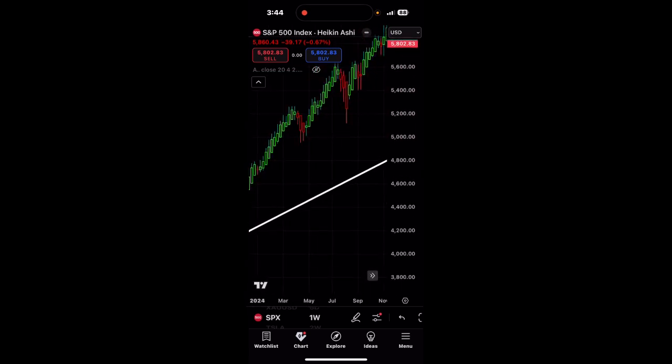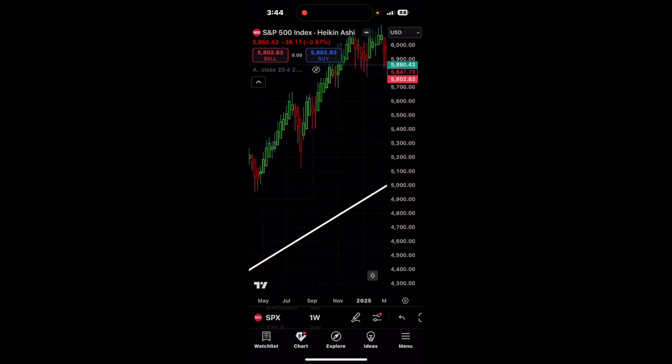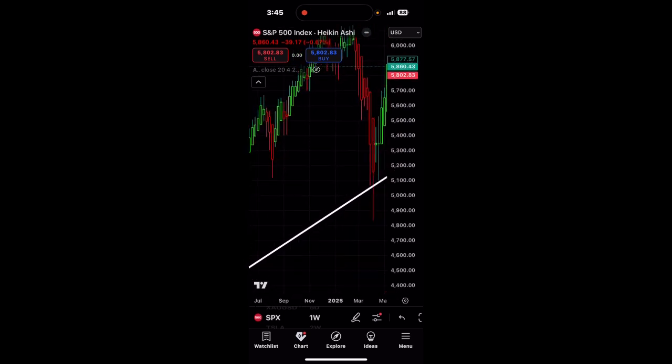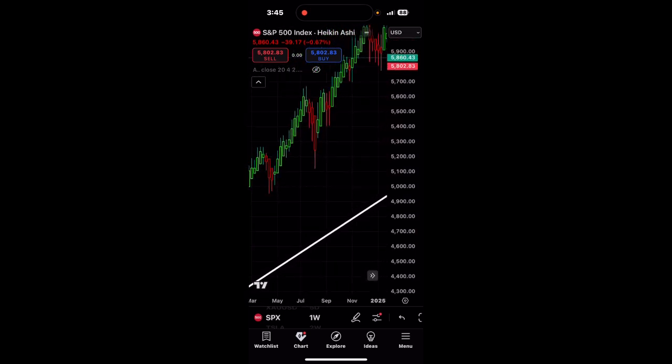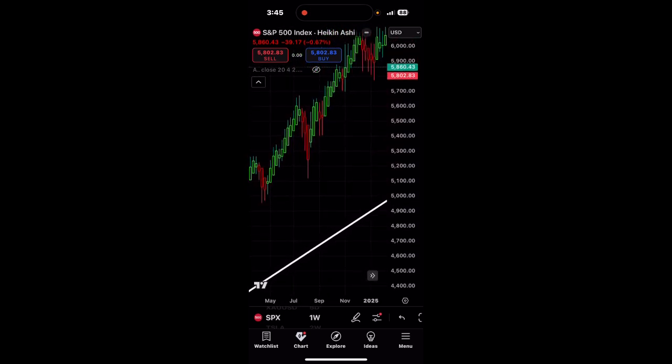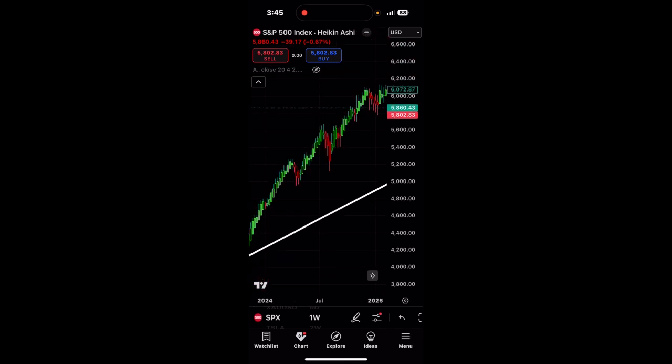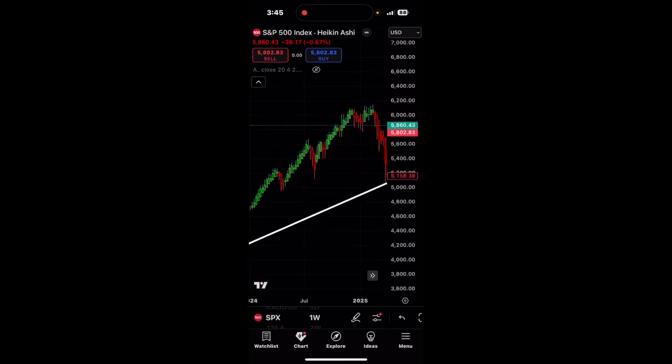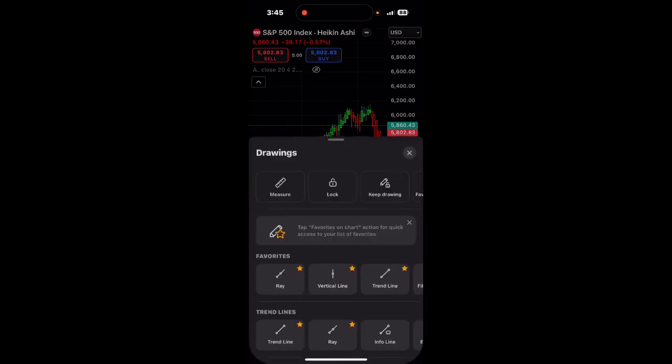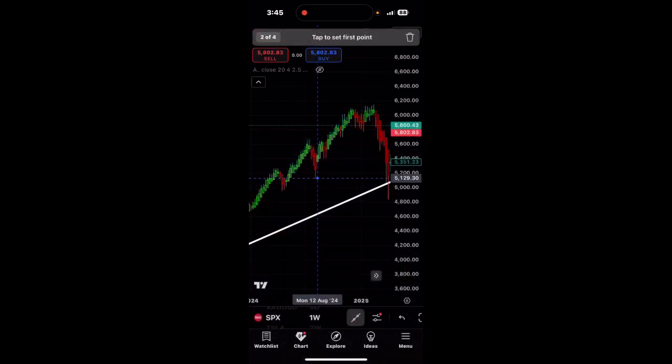But I do see some other trend lines here on the weekly. So this may not be completely accurate, but let's just look at it. So we got another one right here. I think this would work.